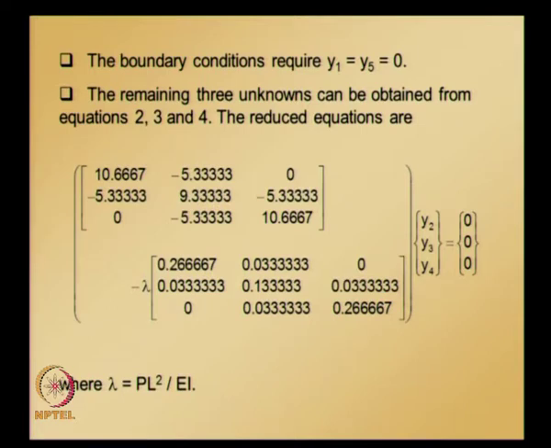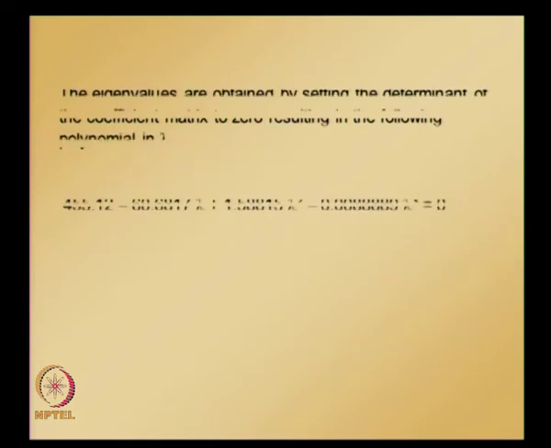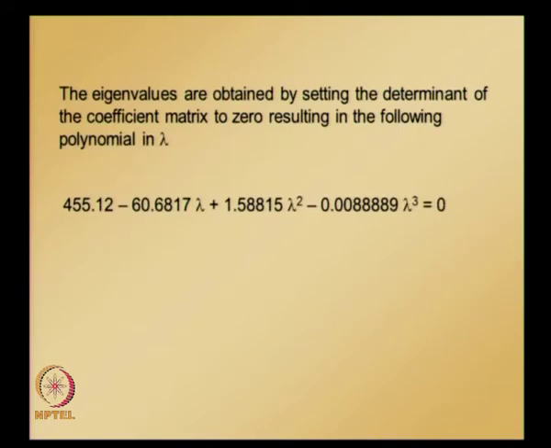we get the eigenvalues. Eigenvalues are obtained by setting determinant of coefficient matrix to 0, resulting in the following polynomial. Because the equation system is 3 by 3, we are going to get a polynomial of order 3 which has 3 roots.